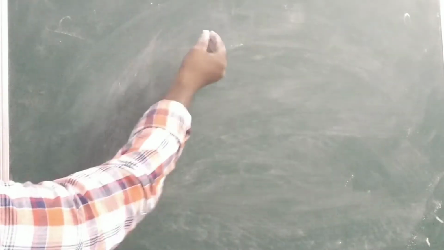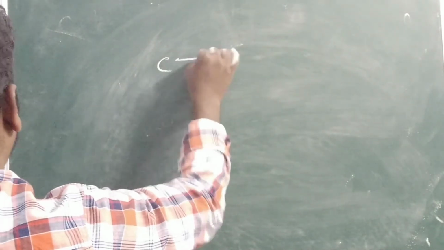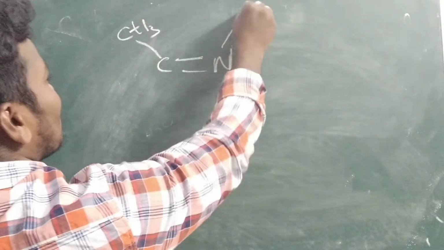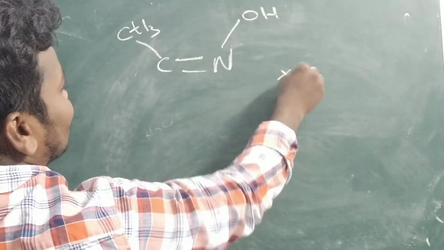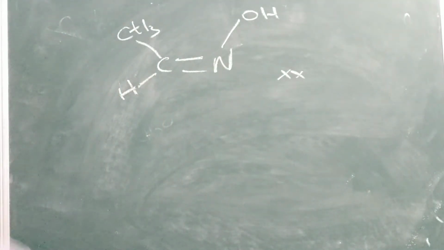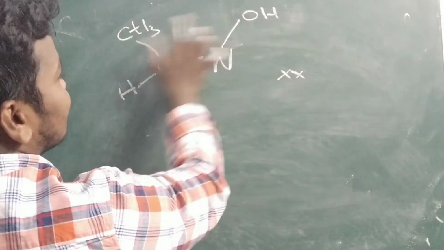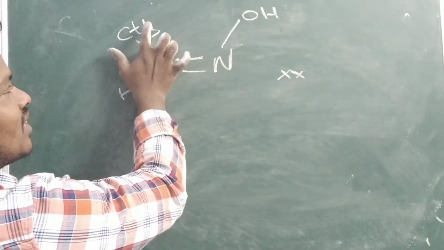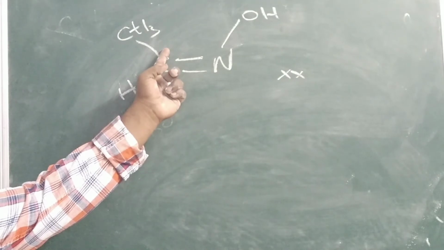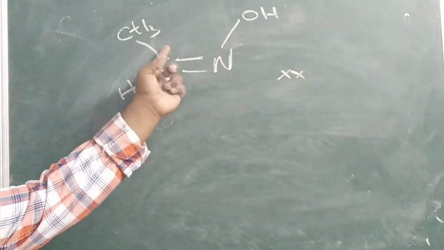Syn or anti. The same groups you can do: carbon to carbon, nitrogen, CH3, OH, with respect to the OH, hydrogen. Okay, now you can see, what is this? Syn methyl. You have to say syn methyl.